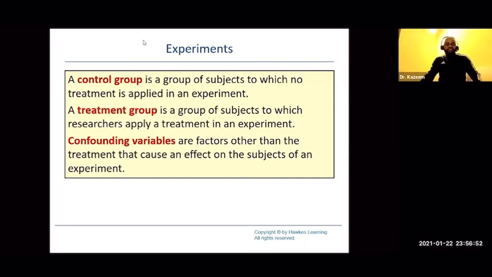Now, the next thing is what we call a confounding variable. What do we mean by confounding variable? Confounding variables are factors other than the treatment that have an effect on the subject of an experiment. Let me tell you this.